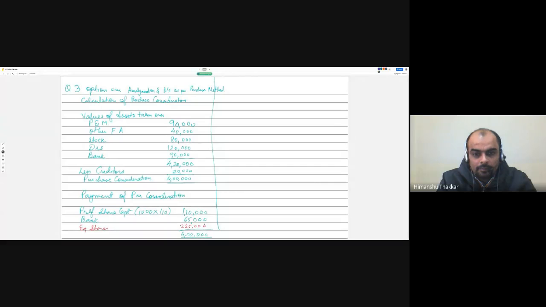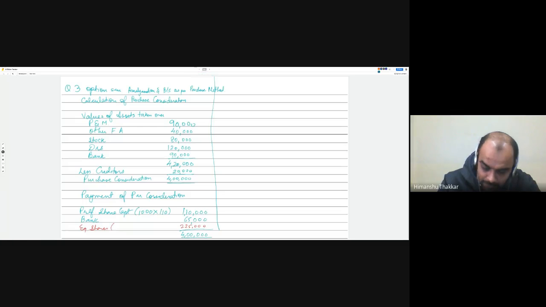Okay. Now, how will this 2,25,000 be paid in equity shares? Remaining amount of purchase consideration is discharged by issue of equity shares of rupees 10 each at rupees 15 per share. So divide this amount by 15. So 2,25,000 divided by 15.